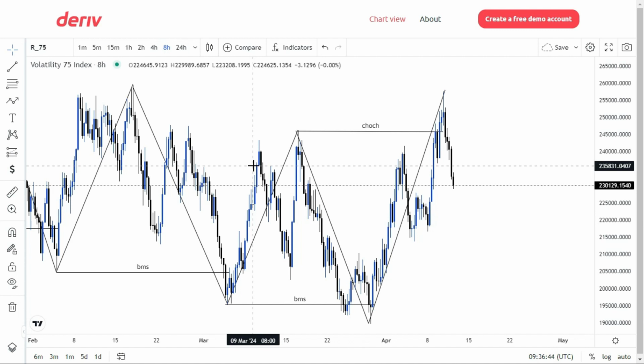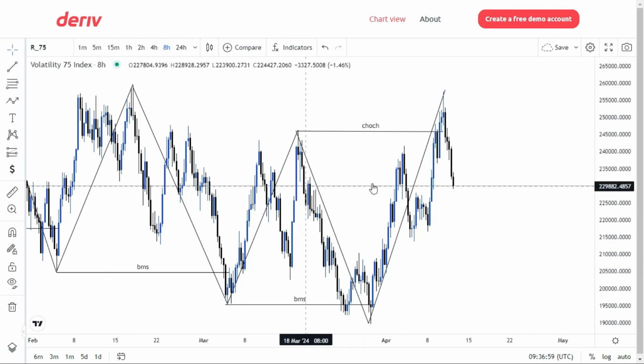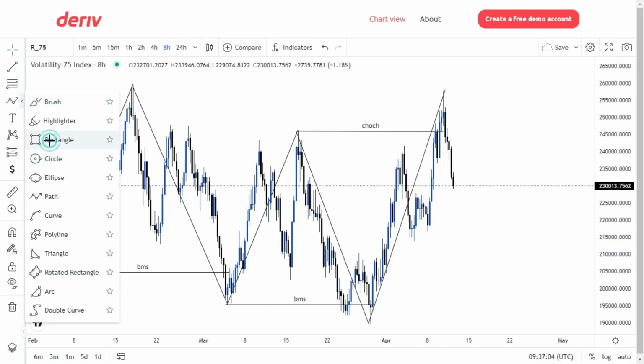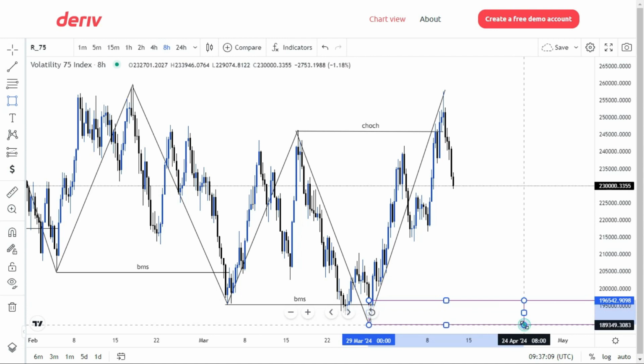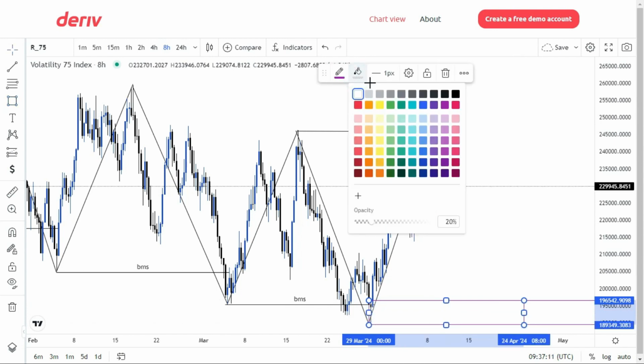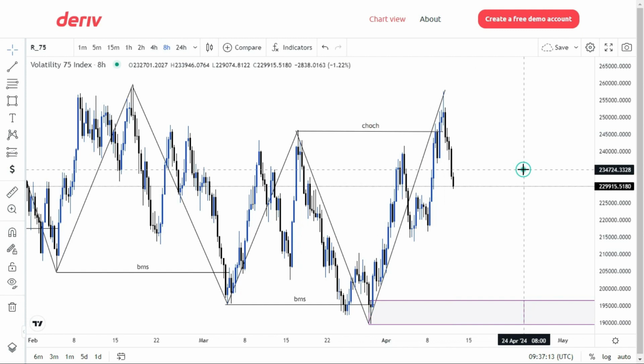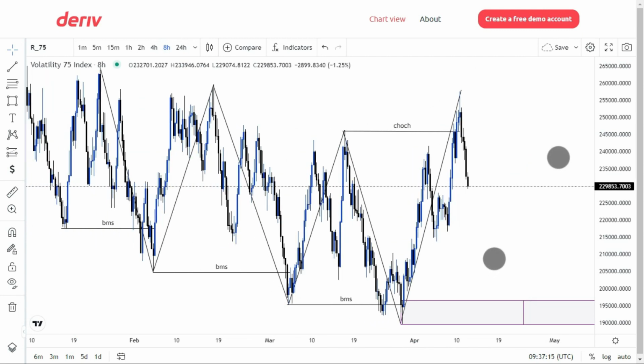So what I'm expecting is, since I'm having my CHoCH, I'm now expecting my price to correct back to the extreme low that we have there. Back to the extreme low, right? Because our trend seems to be shifting from a downtrend to an uptrend now, right?